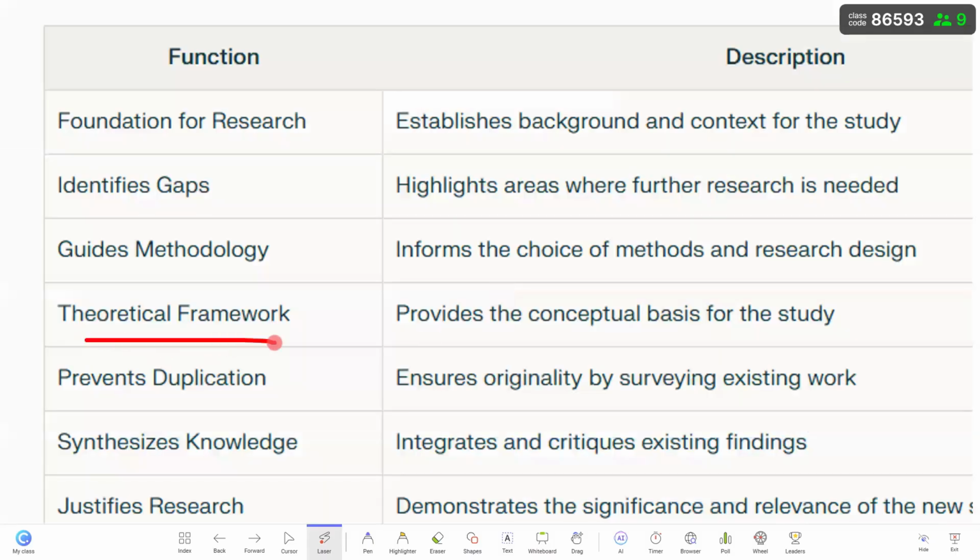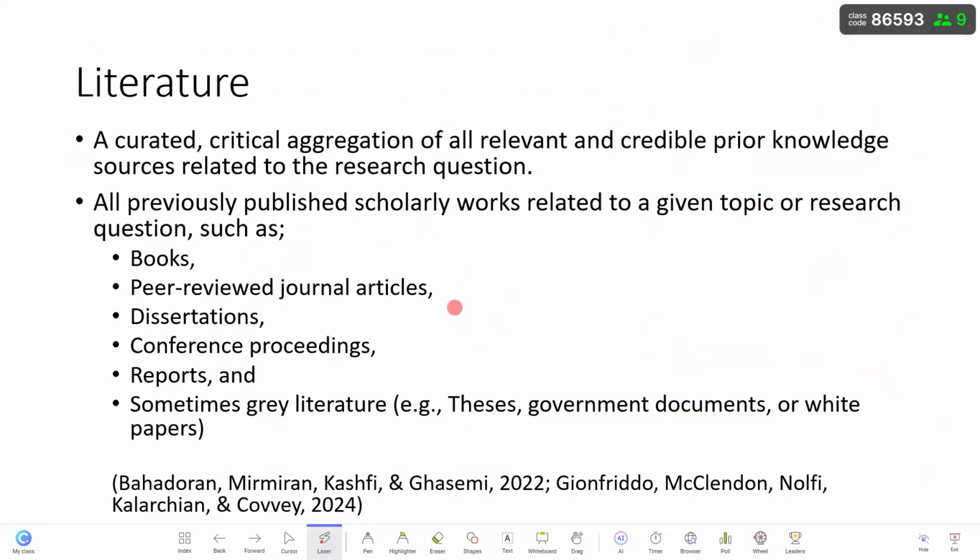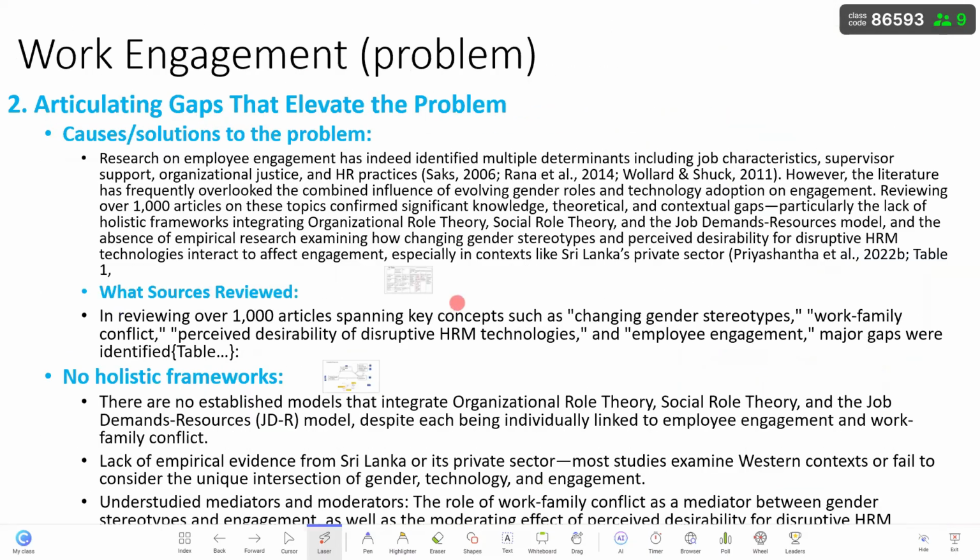So a theoretical framework can be developed, and we can prevent duplication. You can find similar studies because, as I said earlier, by reviewing over 1,000 articles, I was unable to find any related study regarding this particular model.